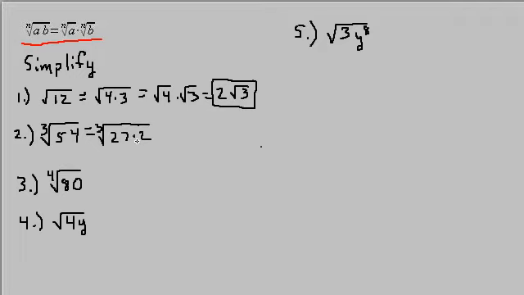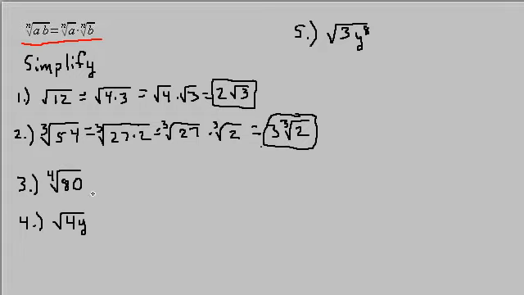And then I'll use this property, that's the cube root of 27 times the cube root of 2, and then the cube root of 27 is 3, times the cube root of 2. And there's our answer.